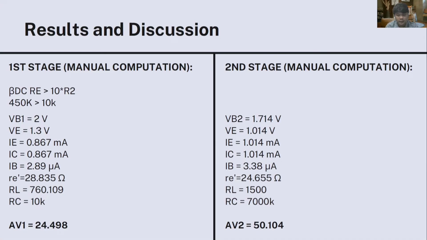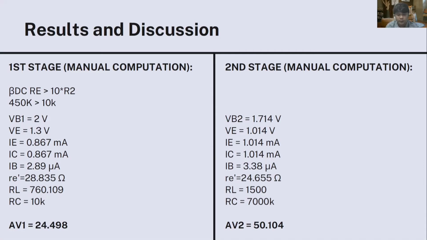On the other hand, the AC emitter resistance, R prime, was solved using the equation R prime is equal to 25 millivolts over IE and has a value of 28.835 ohms. So, after getting these values, we proceed to get the voltage gain using the equation AV1 is equal to RC parallel to RL all over R prime E.